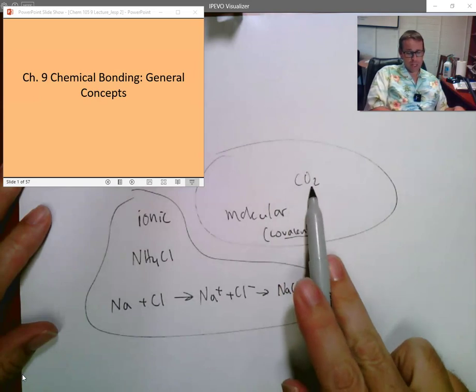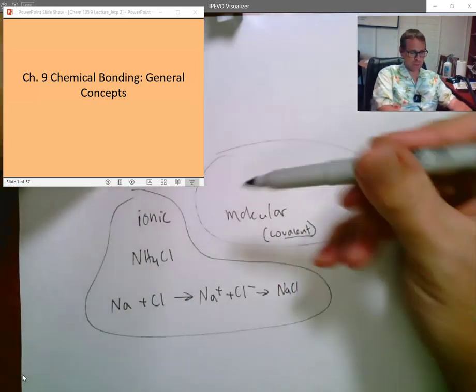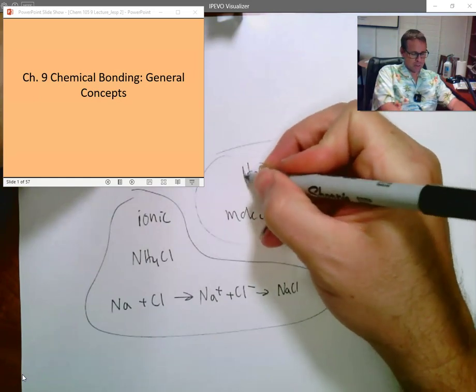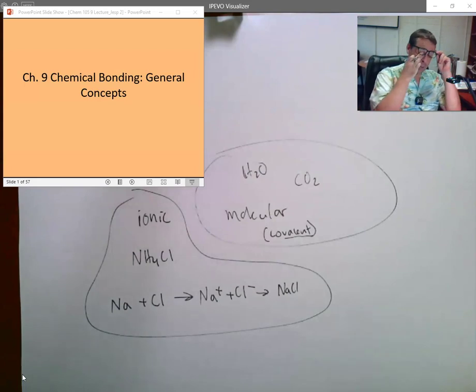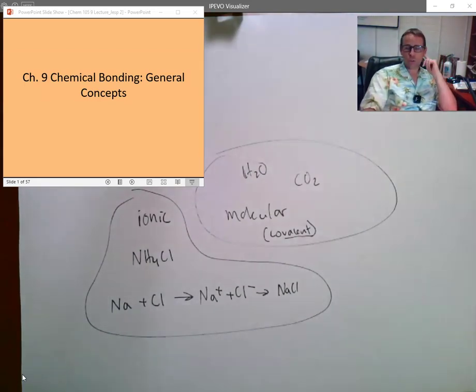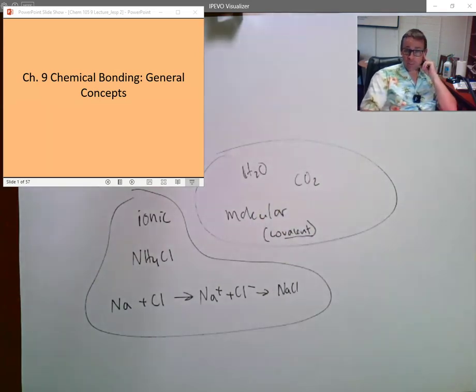So both carbon and oxygen want to gain electrons, and so they have a sharing going on when we combine electrons like that, or water, another example, right? Molecular and ionic compounds are our two groups that we've introduced and been talking about. And molecular compounds are all made of nonmetals. Again, no ions involved in that compound.